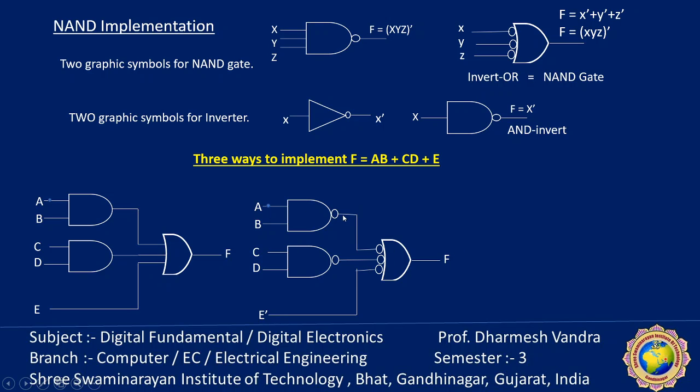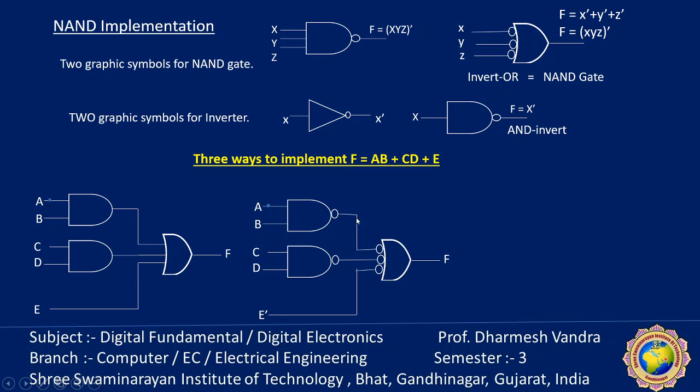The output of gate one is (AB) whole dash, which is first invert and then AB. (CD) whole dash will become CD due to this bubble. And E is replaced by E dash, so the input bubble turns it back into E. So F equals AB plus CD plus E.